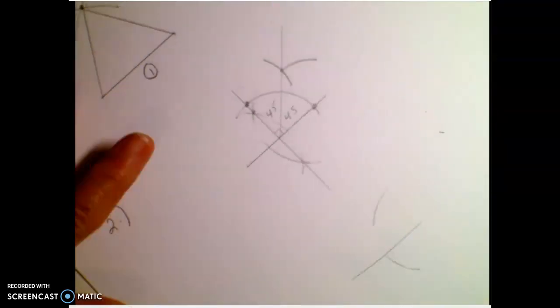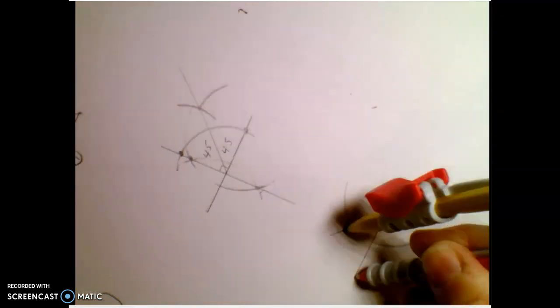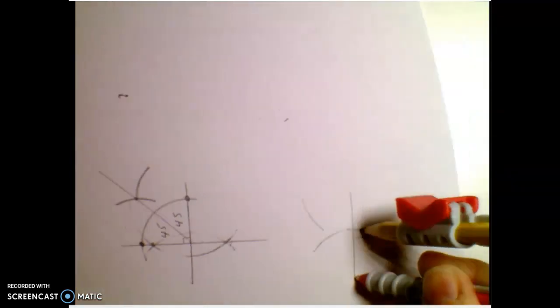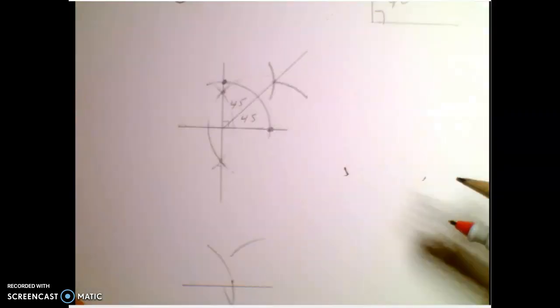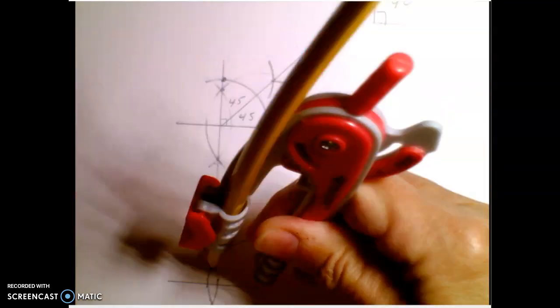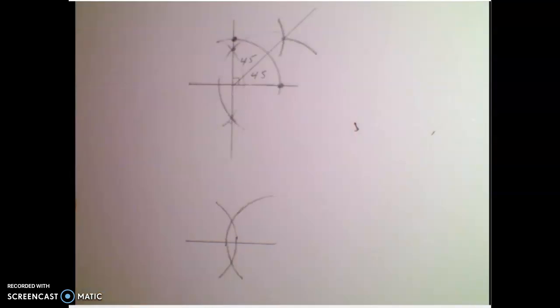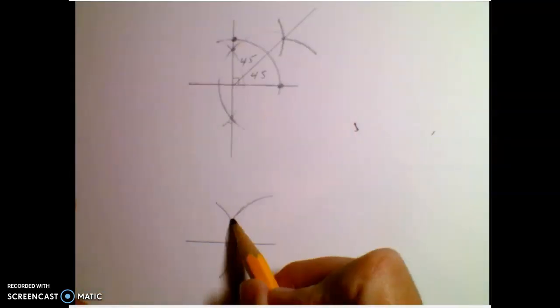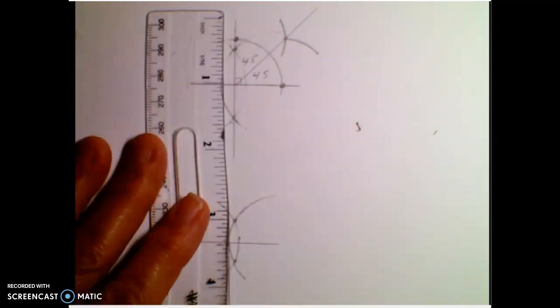I'm going to turn the paper and I'm going to make an arc above and an arc below. Oops, on this side I'm going to have to make it darker because I can't really see it. There, a little darker. Okay, so you can see I connected those 2. I have a point there and a point there, and I just made a nice 90-degree angle.